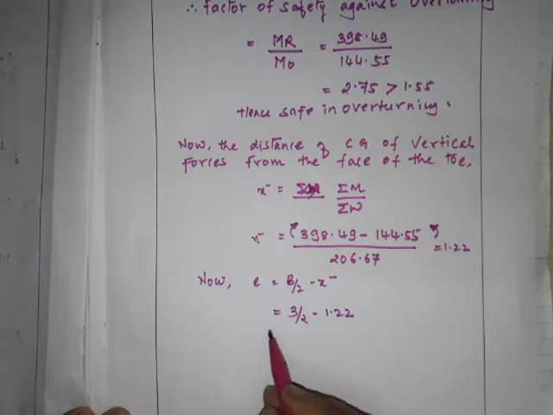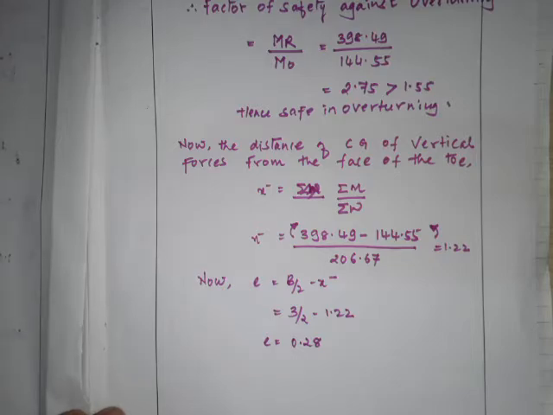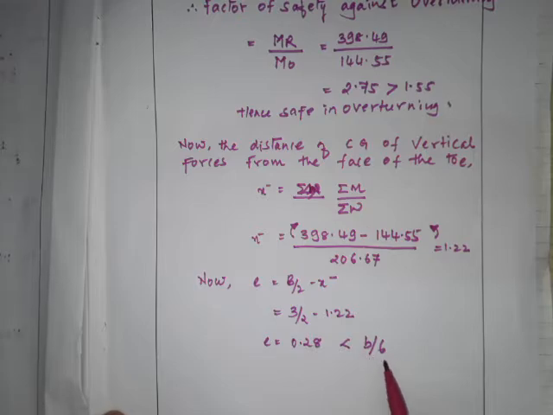So you will get the eccentricity E equal to 0.28, which should be less than B by 6. Always the eccentricity should not exceed B by 6.